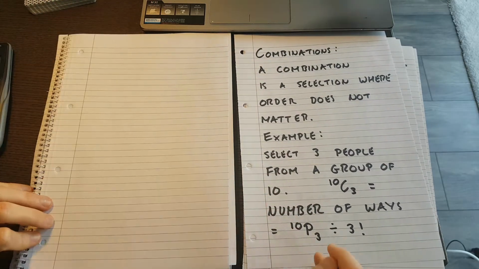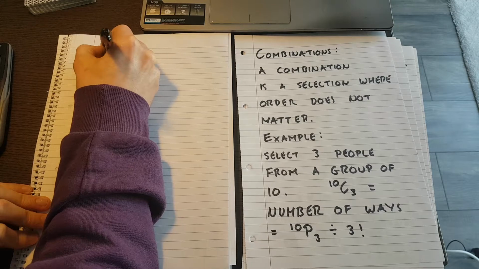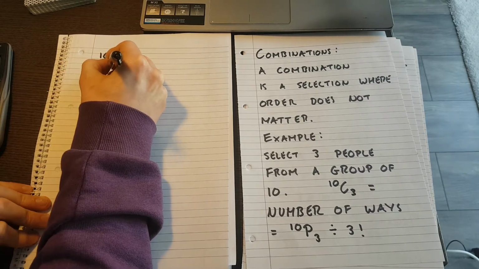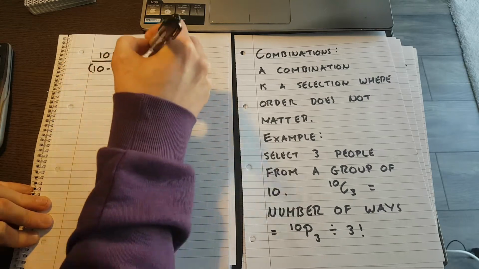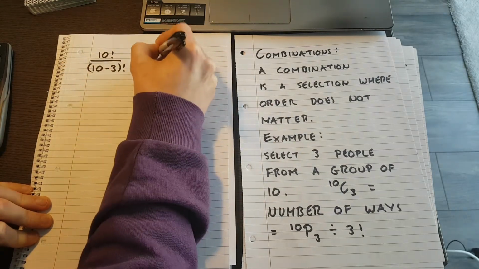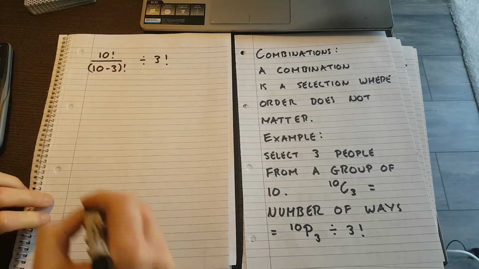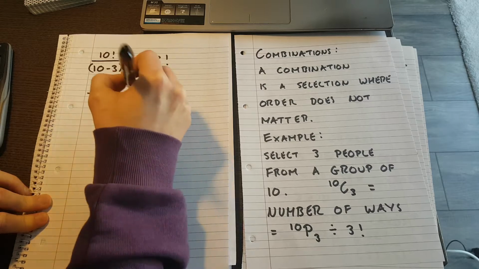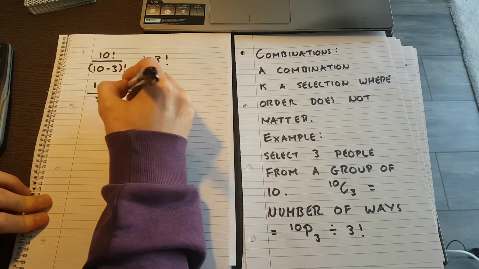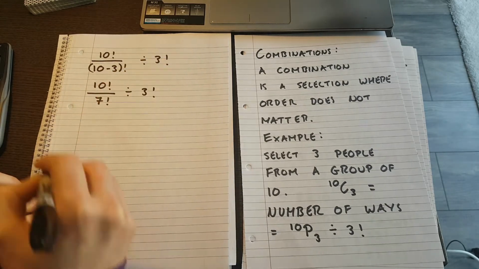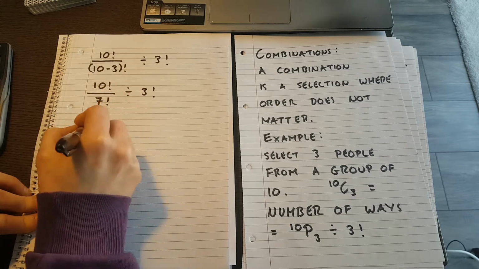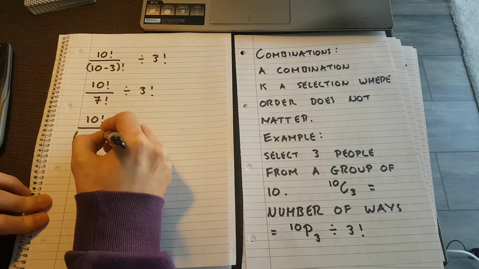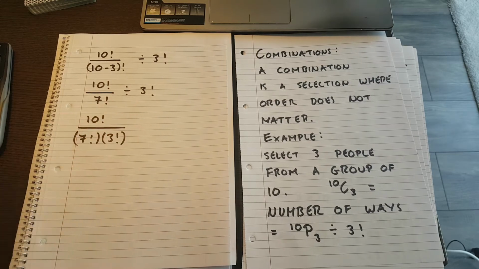Well, I would have 10 factorial, and then 10 minus 3 factorial on the bottom, and now I'm going to divide that by 3 factorial. So this gave me 10 factorial over 7 factorial, divided by 3 factorial, and then what I end up with is 10 factorial, 7 factorial, and 3 factorial on the bottom.